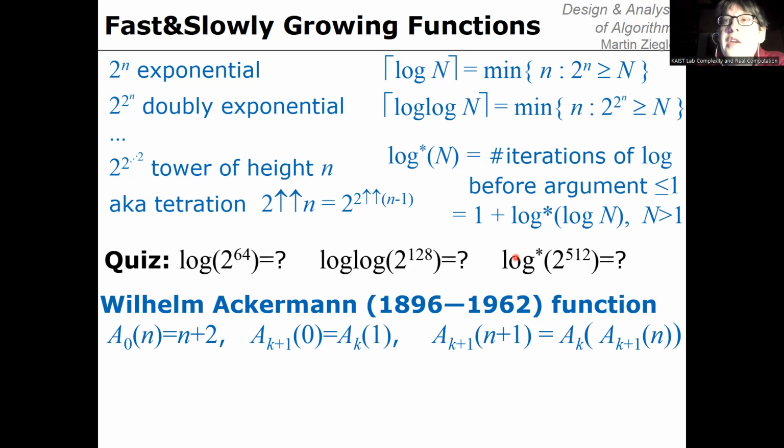And again, the inverse Ackermann function is the inverse of an even faster growing function. So what is the faster growing function? That's the Ackermann function. Just a bit of historical context. Ackermann was a German mathematician, a German logician. He did his PhD thesis under David Hilbert, the famous David Hilbert.